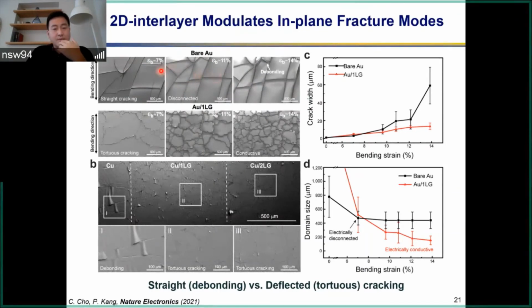That's what you can see from these images. Whereas with just one layer of graphene, not only are the domain edges very irregular, but their size gets smaller and smaller. So purely from an image point of view, there seems to be some additional energy dissipation.